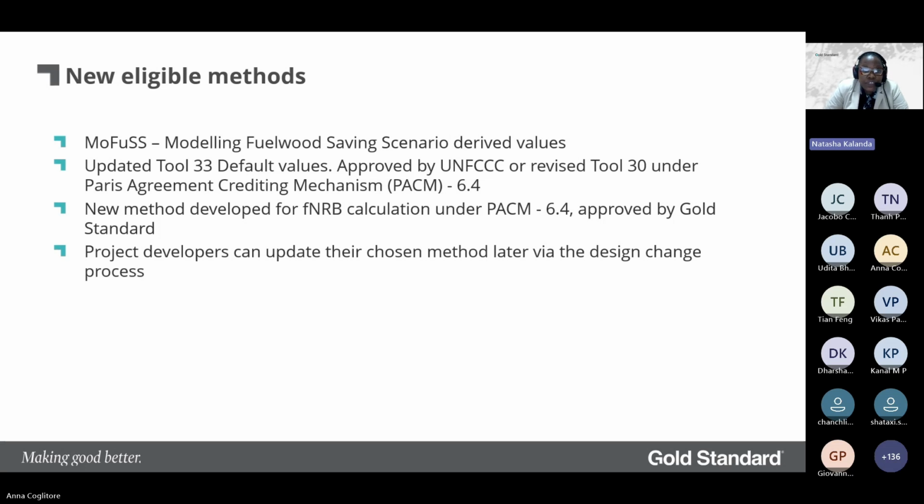And a new method developed for fNRB calculations under Article 6.4 approved by the Gold Standard. So very importantly as well, project developers can update their chosen method later via the design change process, which again, you as the VVBs, of course, will be heavily involved in.